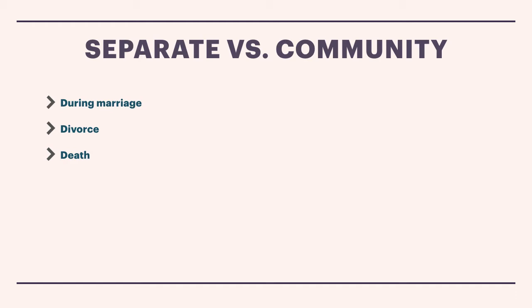Now let's compare that to a community property state. In a community property state, all property acquired during the marriage is owned by both spouses equally.